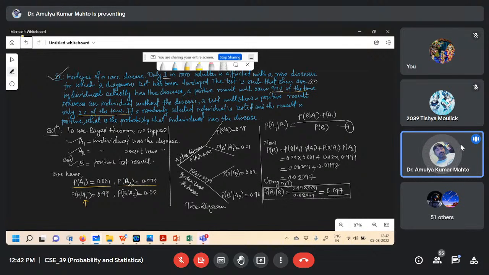So this probability is 0.99. Similarly, it is given that the person is not having that disease, then what is the probability that this test result is positive?